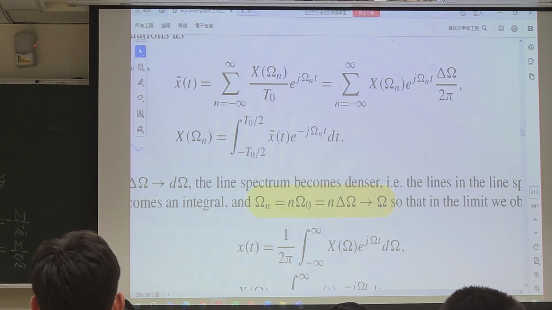Originally there's a gap between two different discrete frequencies, and now the gap becomes very, very tiny. So actually we are dealing with a continuous distribution of frequency.